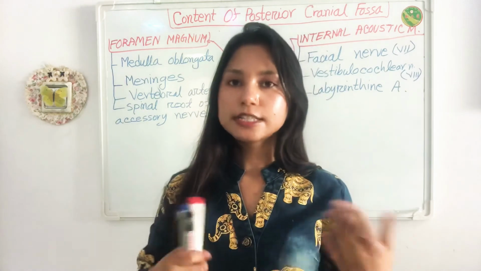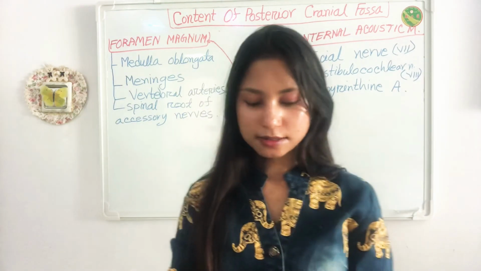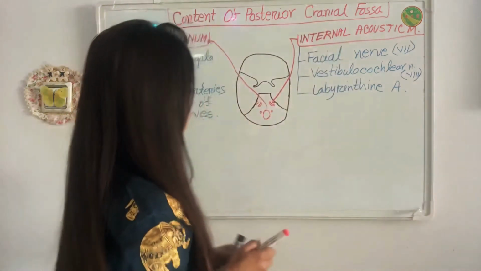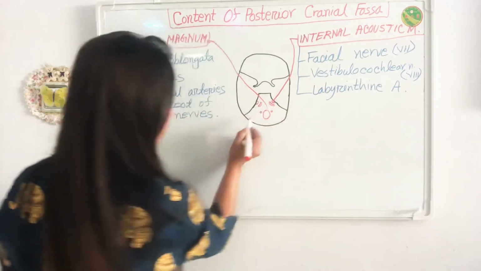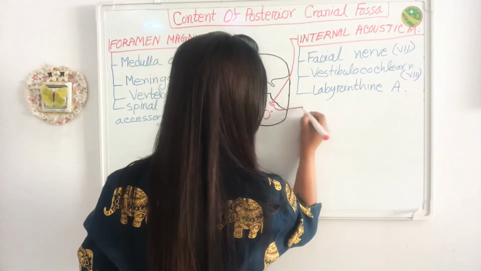Now we will see which structures pass through the jugular foramen. This is our jugular foramen, right here.